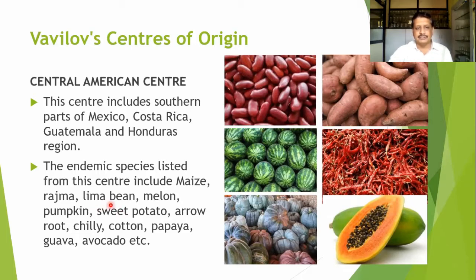So these rajma beans, lima beans, then watermelons, then pumpkin. Here you can find the pumpkin, then sweet potatoes, then cotton, papaya, guava, chilies. These are found or originated from the Central American center of the origin, which is defined by Vavilov.